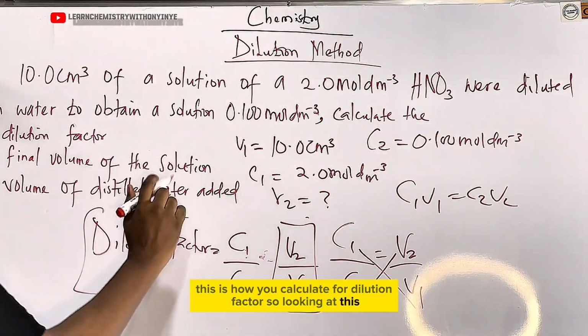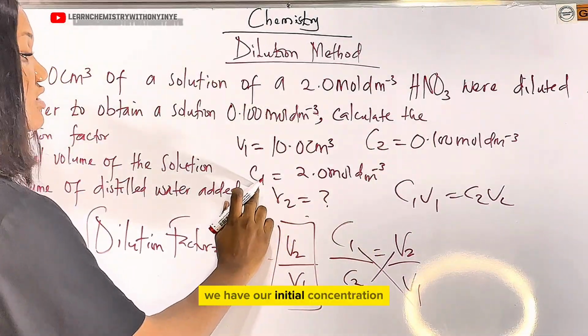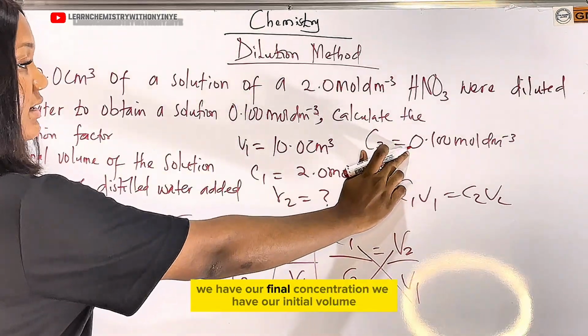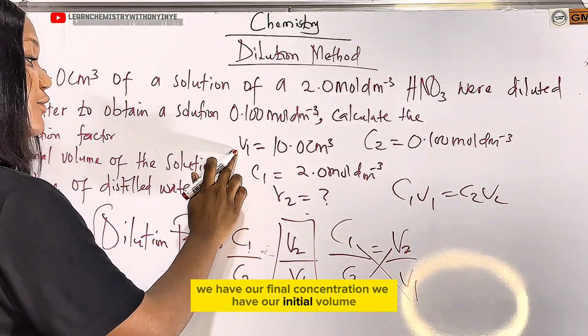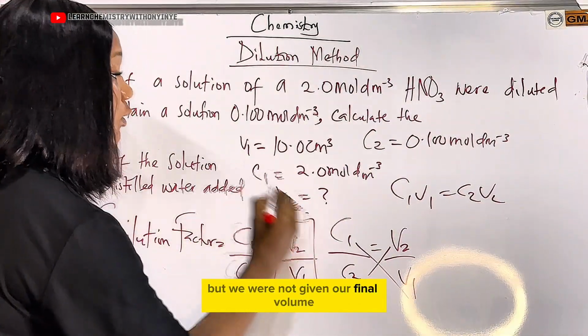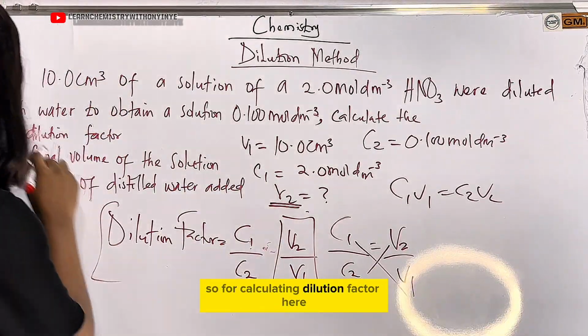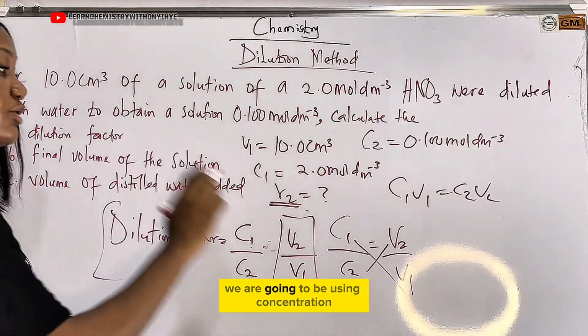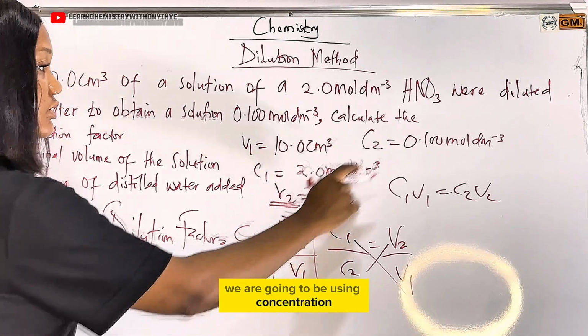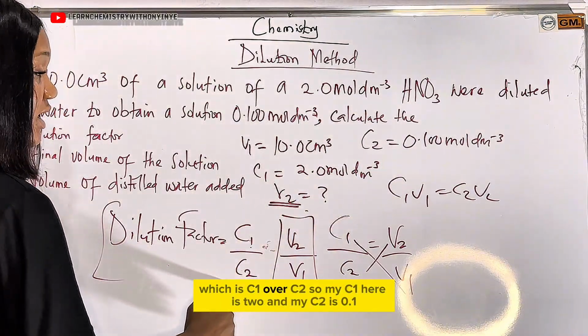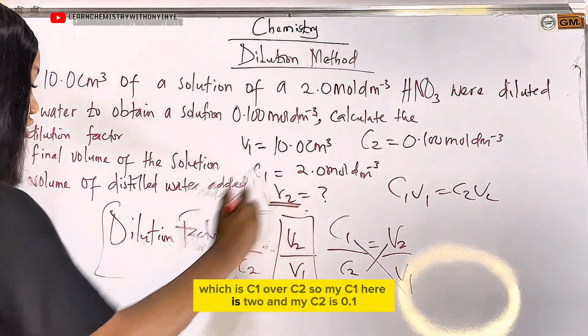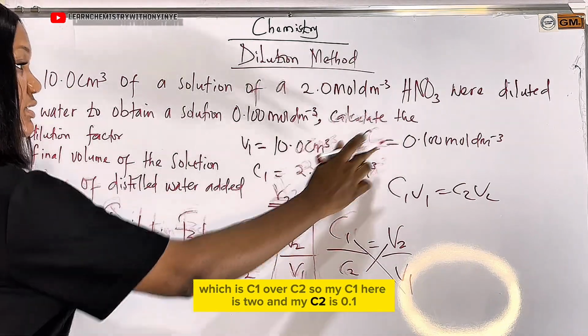So looking at this, we have our initial concentration, we have our final concentration, we have our initial volume, but we were not given our final volume. So for calculating dilution factor here, we are going to be using concentration, which is C1 over C2. So my C1 here is 2 and my C2 is 0.1.